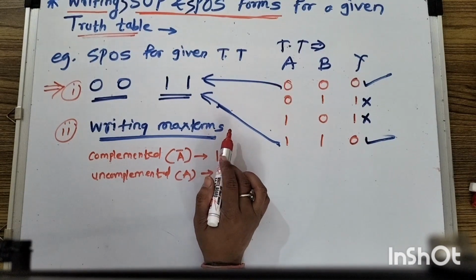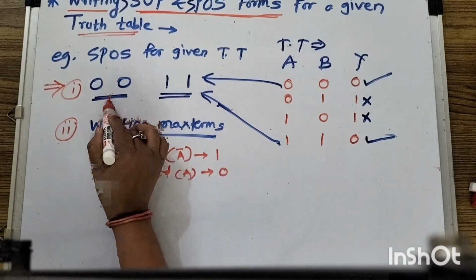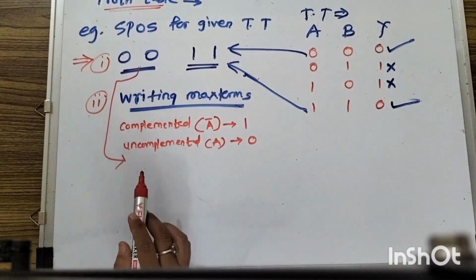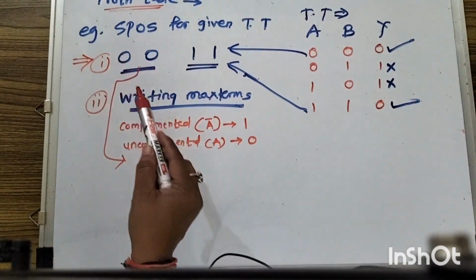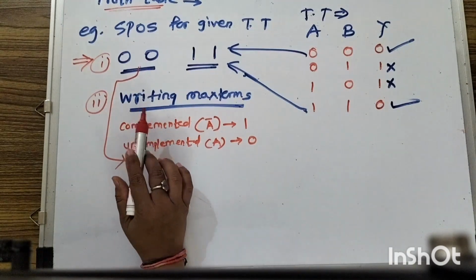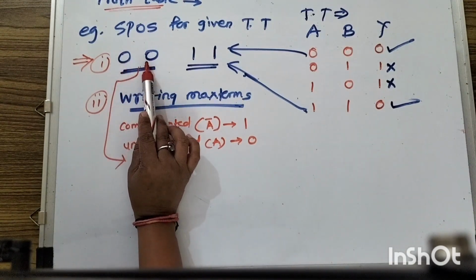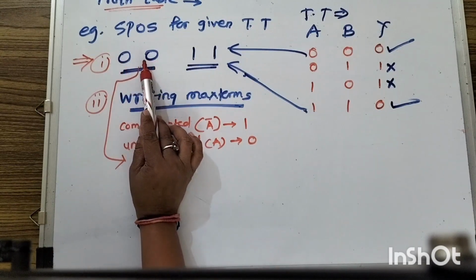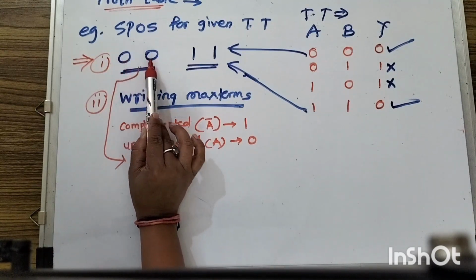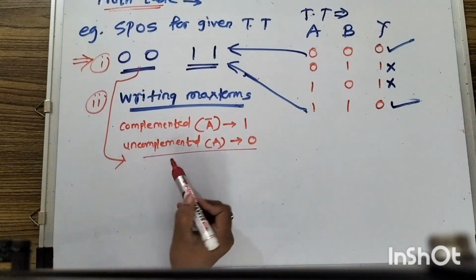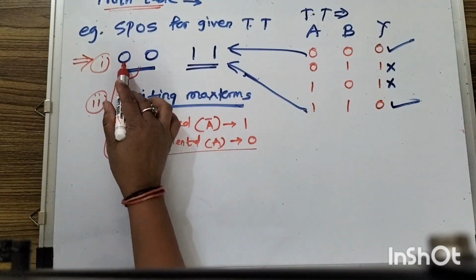Now writing the max term for the first input combination 0, 0. In the literal combinations, both are 0, 0, so we have to take them in uncomplemented form.